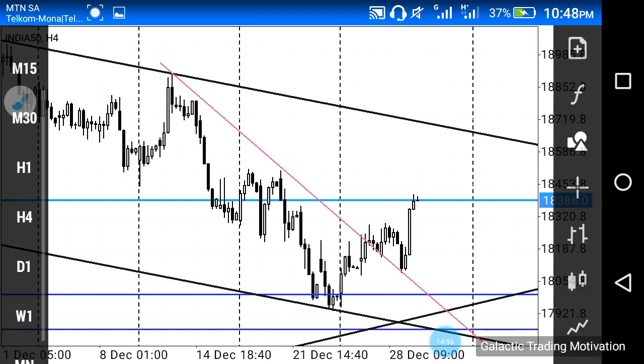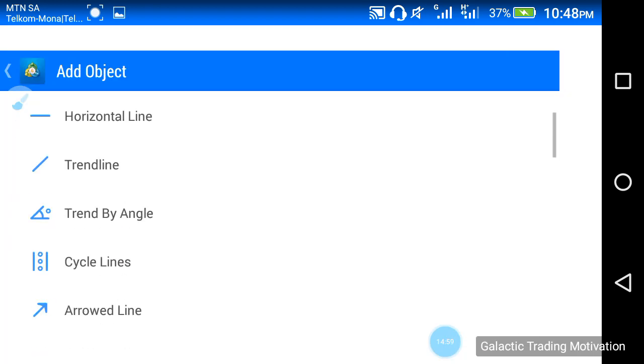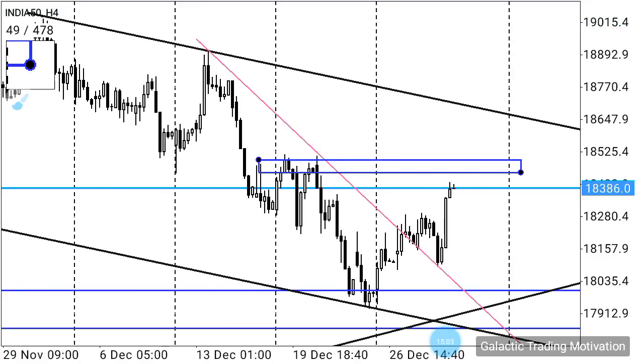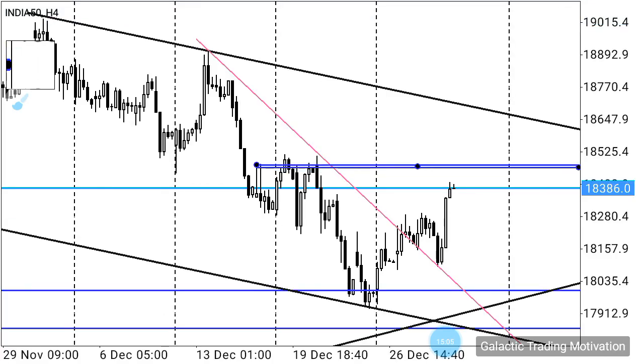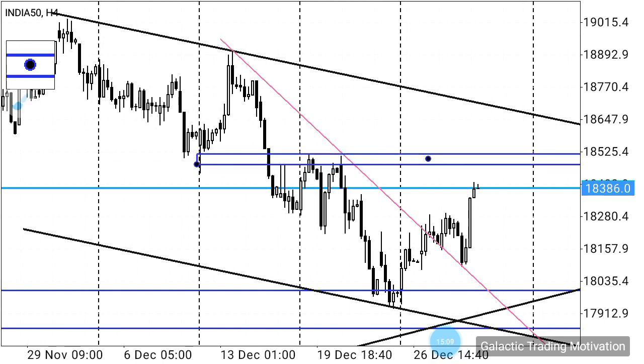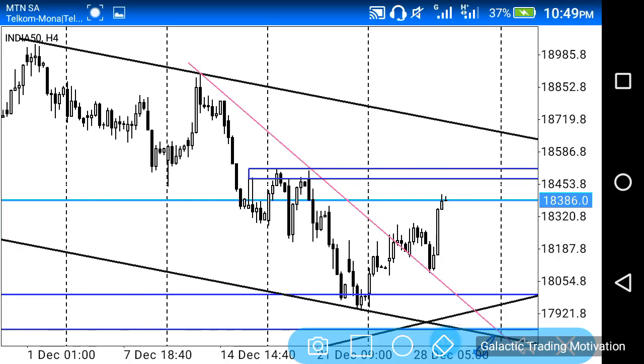Let me just actually mark it. We might see the market push to around this area over here, which is a very strong level of resistance, and that is because we've had multiple rejections at that level, as you guys can see, right?